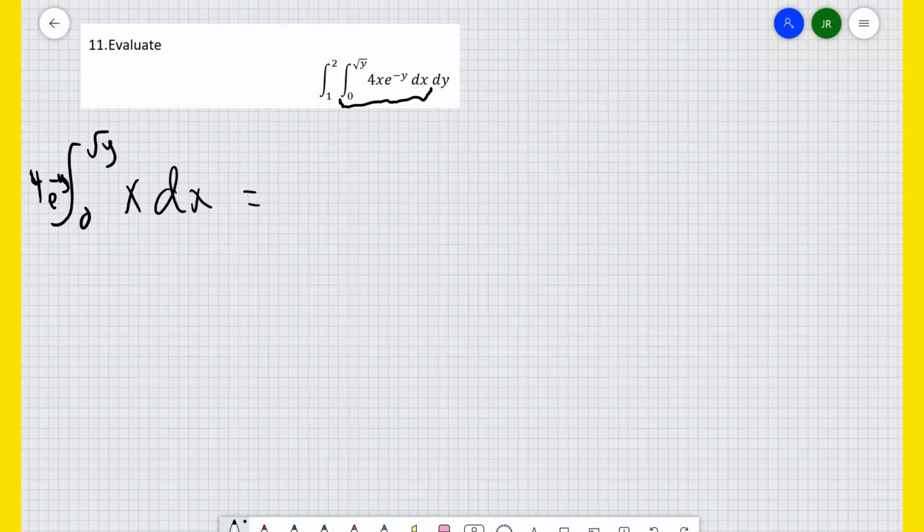So that's just going to be 4e to the negative y of x squared over 2. Over 2 can come out here, and I can just make that 4 over 2 just be a 2. And that's going to be from 0 to the square root of y.